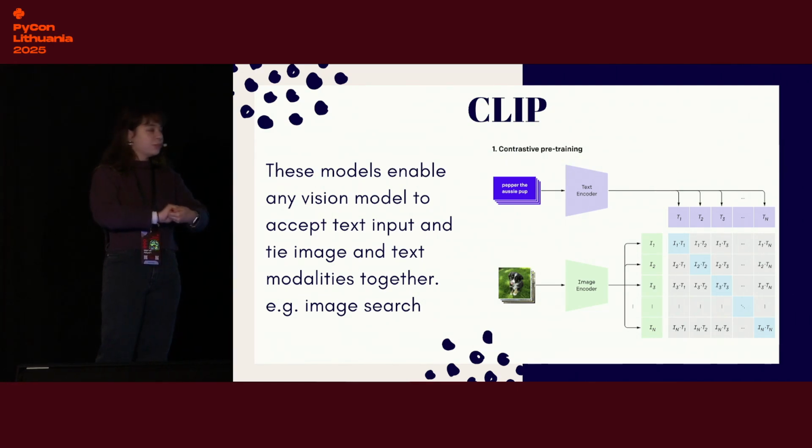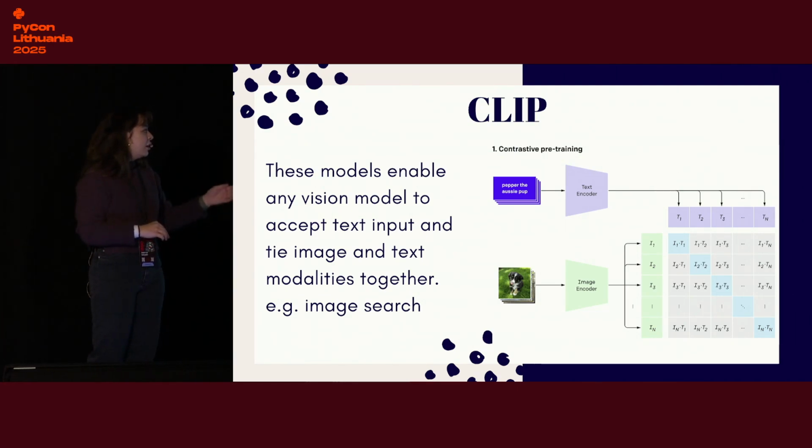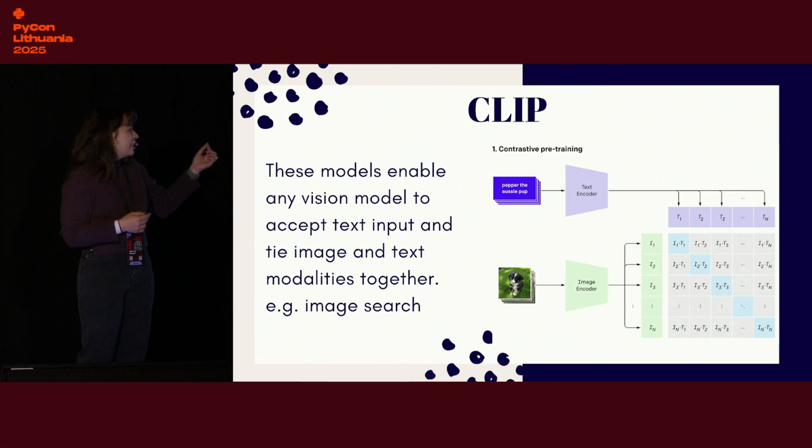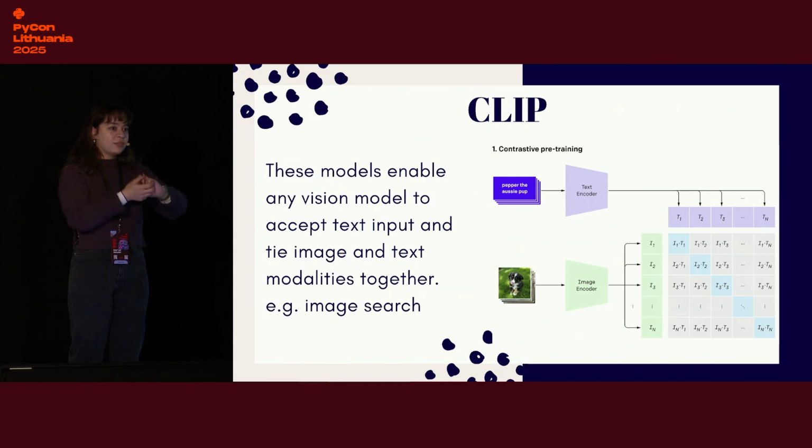It was the first model to do that. How it works, for the machine learning practitioners, let me explain a bit. It encodes the text and it encodes the image, and then it's trained contrastively in the sense that you are trying to push away the least similar images and text and match the most similar images and text.